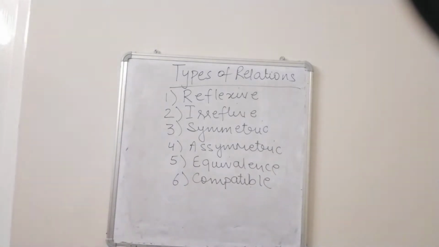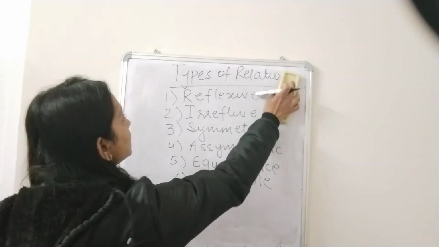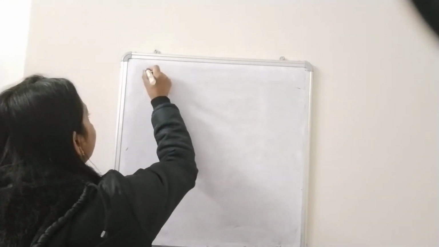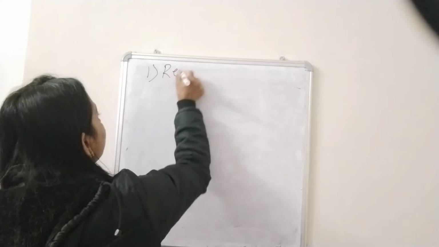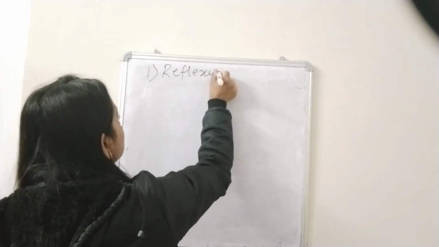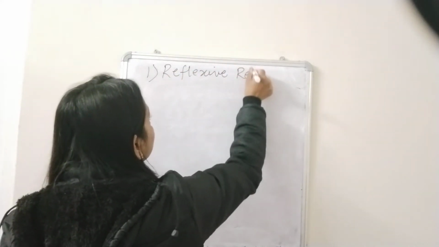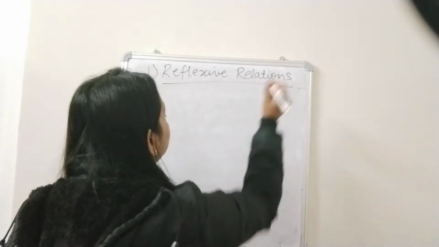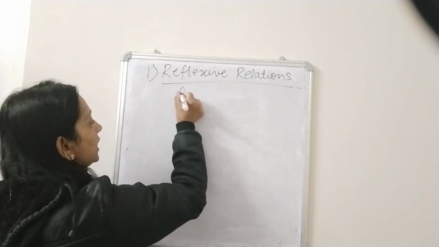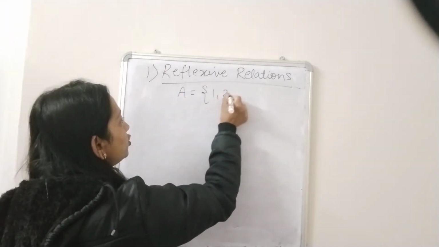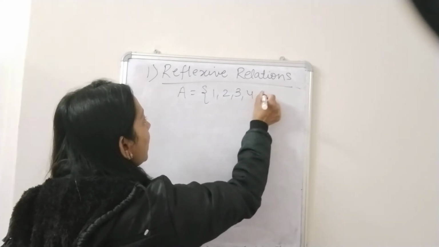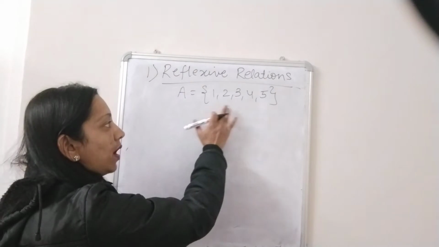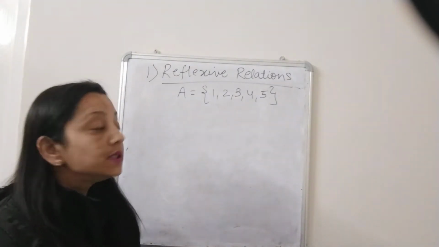So I will start with the first type of relation, that is the reflexive relation. Now let's start with the first category. Suppose there is a set A having 5 elements, 1, 2, 3, 4, 5, from the number system.